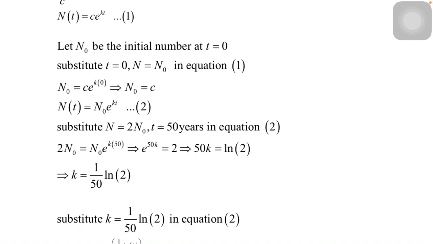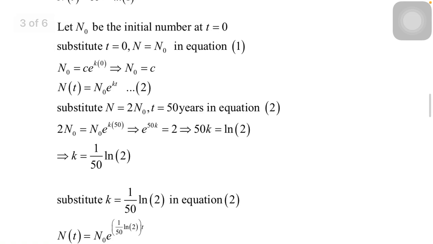So substitute n is equal to 2n naught, t is equal to 50 in equation 2. 2n naught is equal to n naught into e power k into 50. Cancelling n naught on both sides, e power 50k is equal to 2.